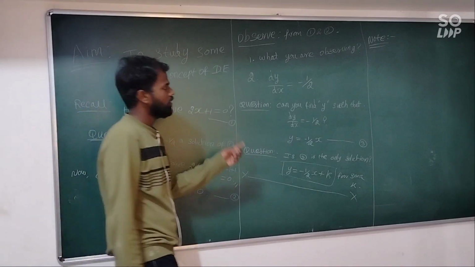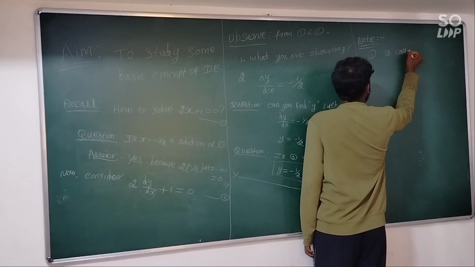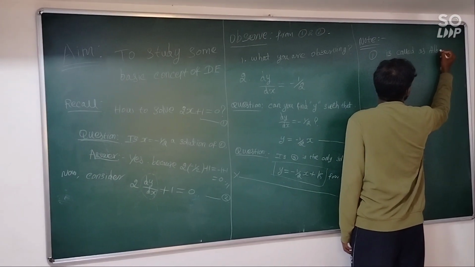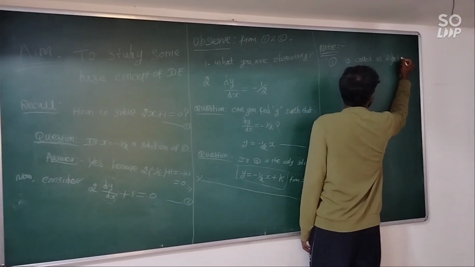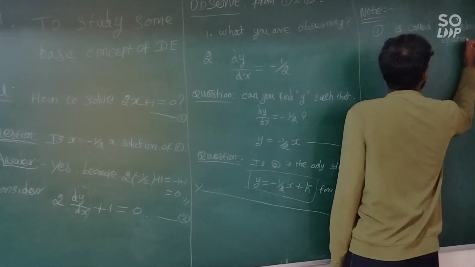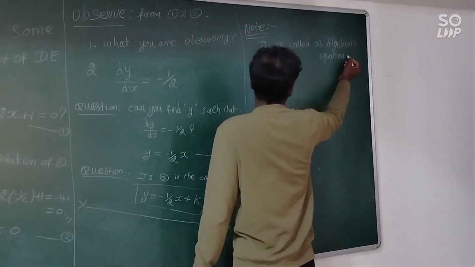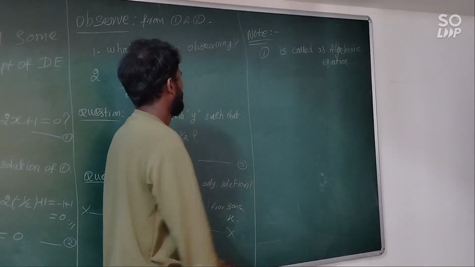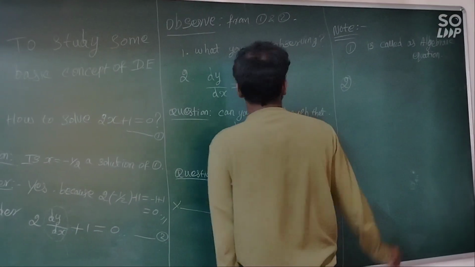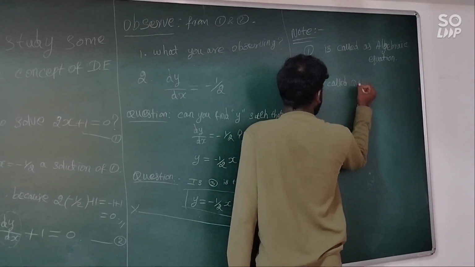The equation 1 is called an algebraic equation. It is not the general form, but it is one of the algebraic equations. Okay, this we know. Now the equation 2, this one is called a differential equation.